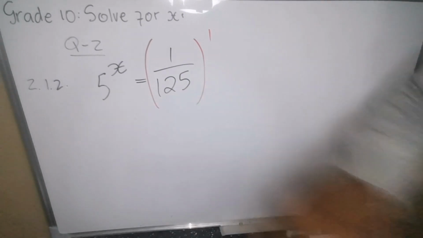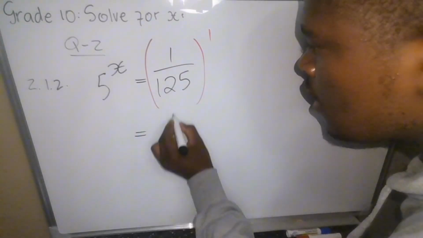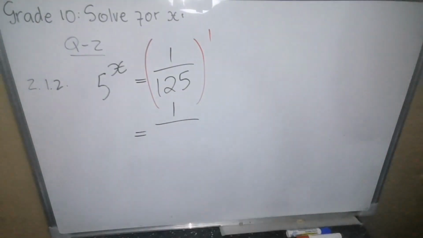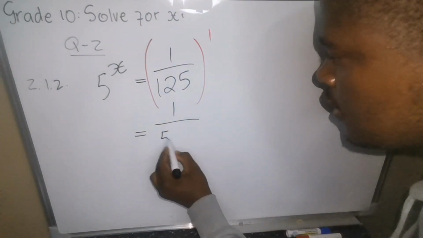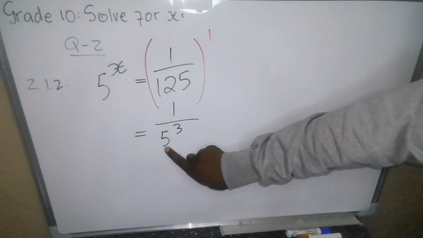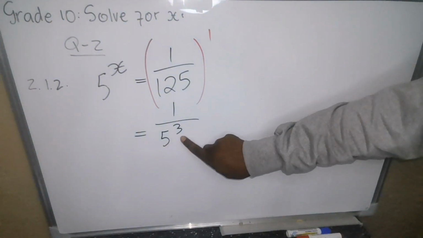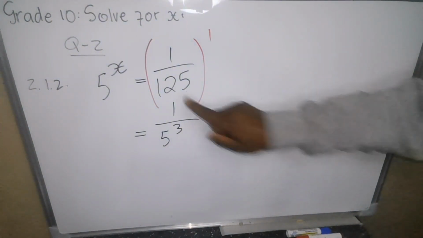I'm going to have 1 over 5 multiplying itself 3 times to give us 125. I'm going to have 5 to power 3, which means the 5 is going to multiply itself 3 times to give us 125.